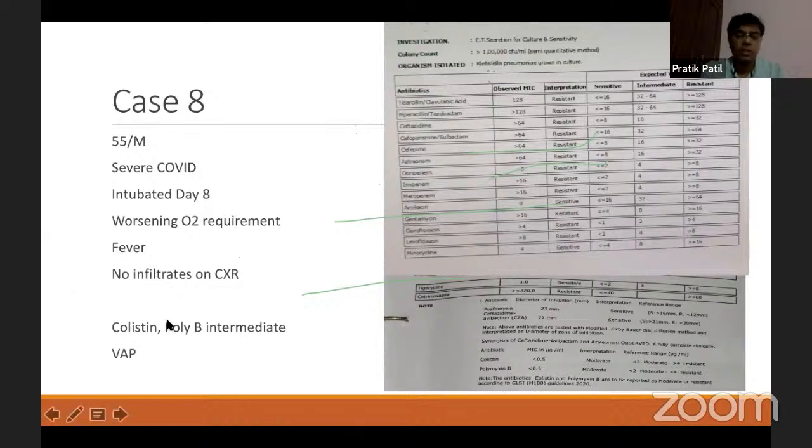Another thing we need to use in such cases: since it's a pneumonia and the polymyxins do not achieve good concentration in the lungs, especially the mucosa, the surfactant, the alveoli, nebulized colistin has to be used along with the systemic polymyxin. That's another thing that we need to know. So it's always better to combine systemic polymyxin with nebulized colistin.